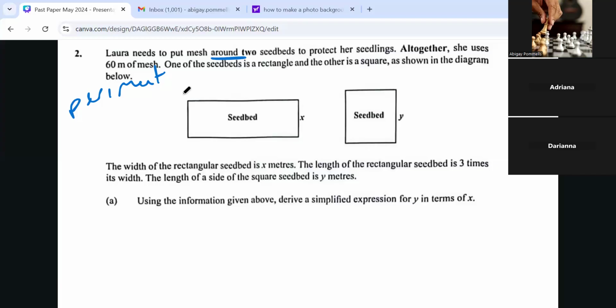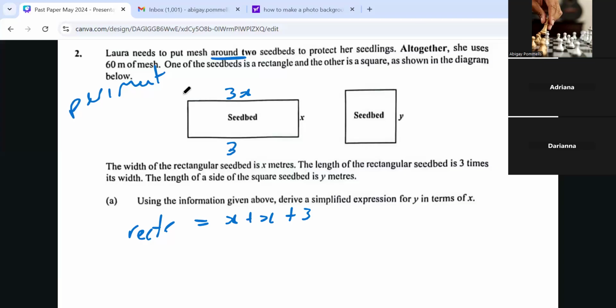So first thing first, go find the perimeter of the rectangle. Based on our information, the width is x, right? And we know that a rectangle has two widths, and the length of a rectangular seed bed is 3 times the width, which is 3 times x.